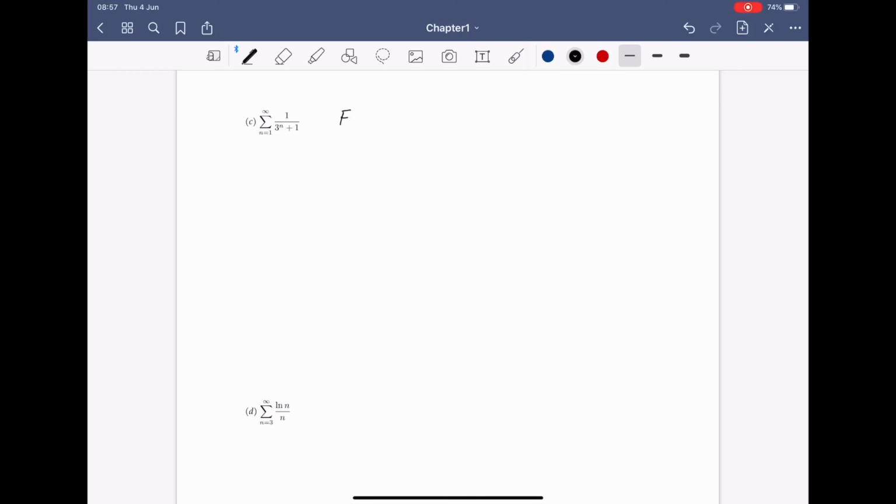So first, we know that 3 to the n plus 1 is always bigger than 3 to the n, right? And then if you do the cross multiply or something like that, you're gonna have 1 over 3 to the n bigger than 1 over 3 to the n plus 1, right? This is what we have.